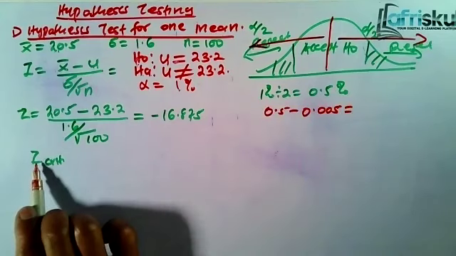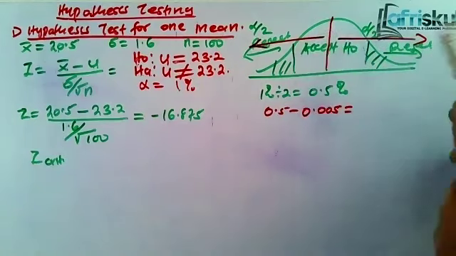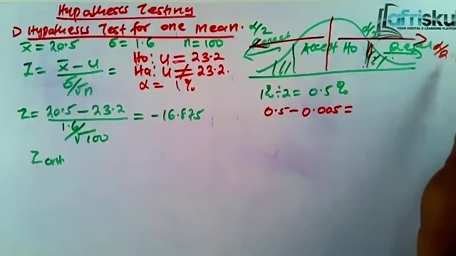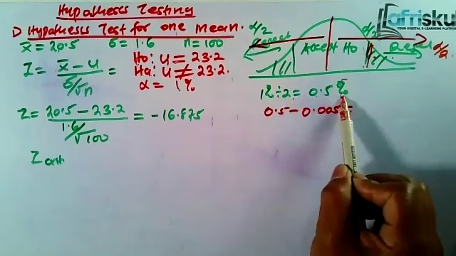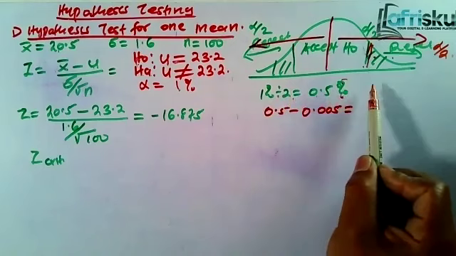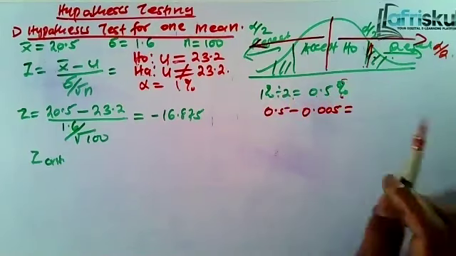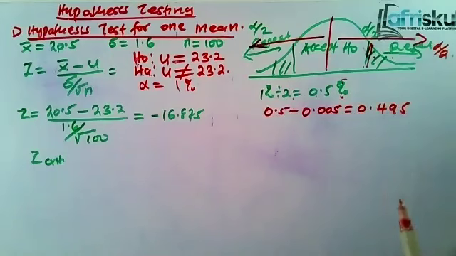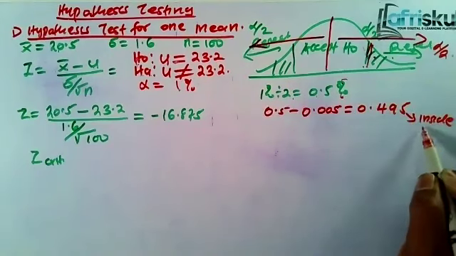To get Z, you take 0.5, which is 1/2, minus this probability. We said this is alpha divided by 2, which is 1% divided by 2, which is 0.5%. If you convert 0.5% divided by 100, you get 0.005. And this one you get 0.495. This you read inside the table.